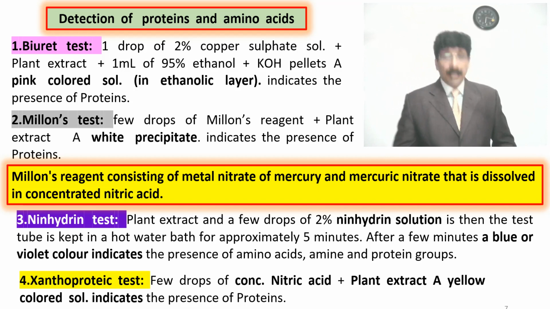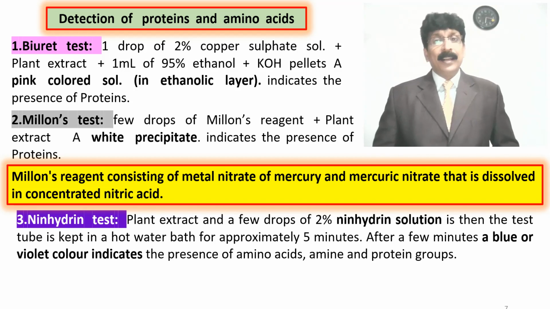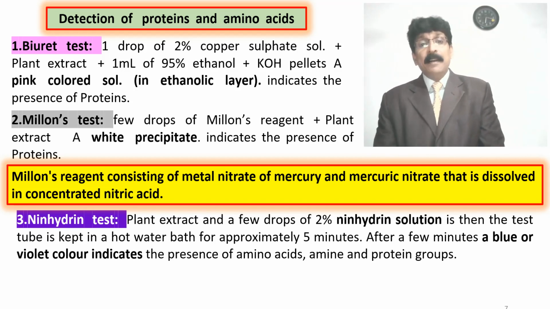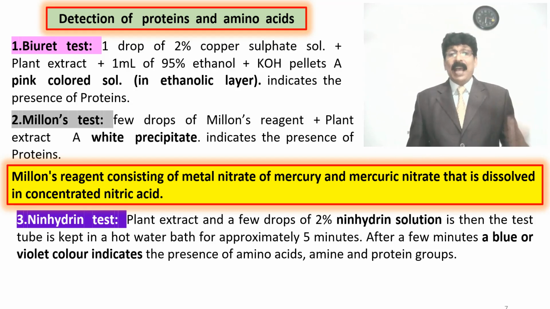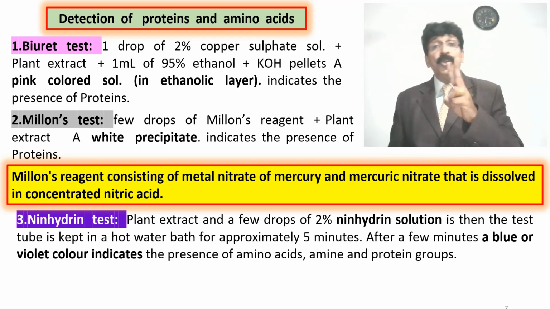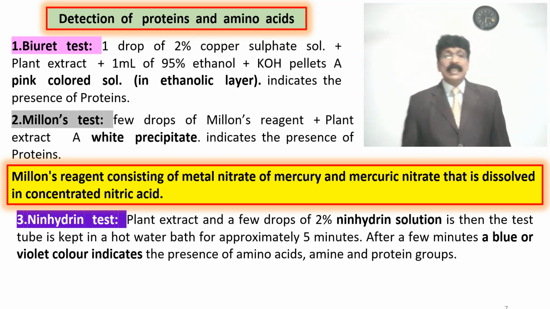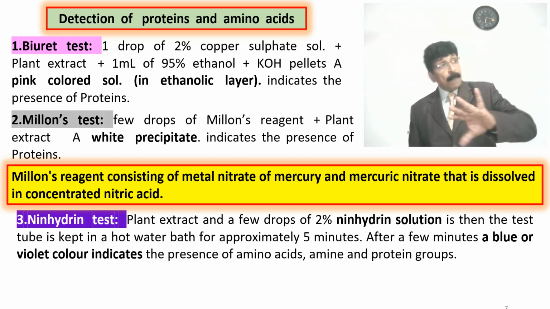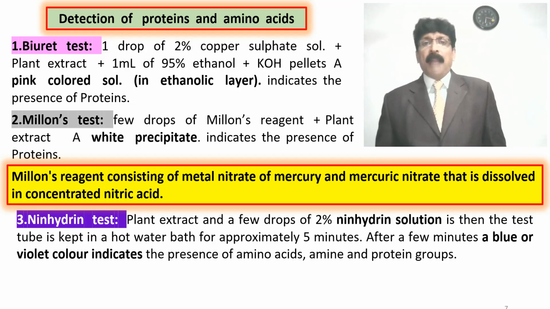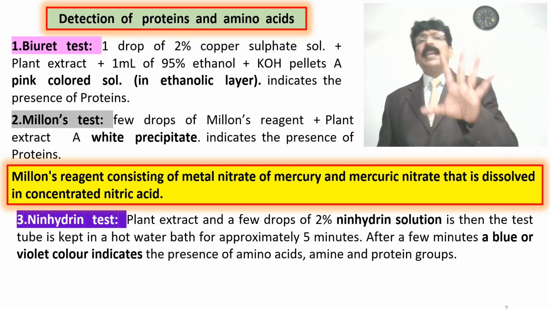Number 3 is the ninhydrin test. Plant extract and a few drops of 2% ninhydrin solution. Then the test tube is kept in a hot water bath for approximately 5 minutes.